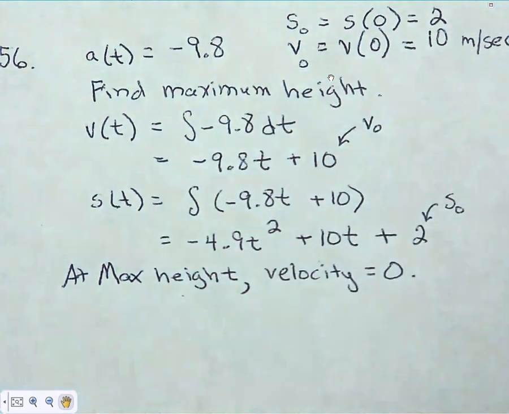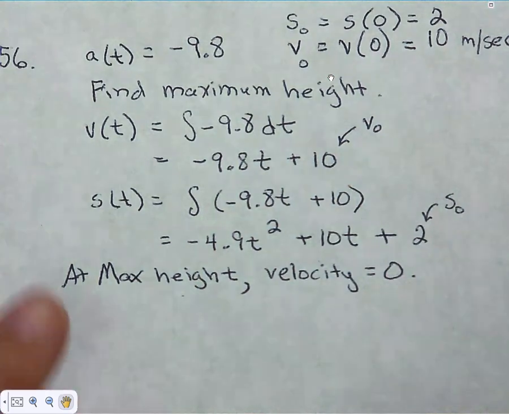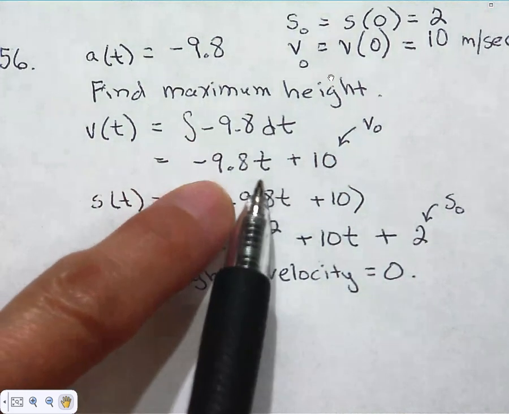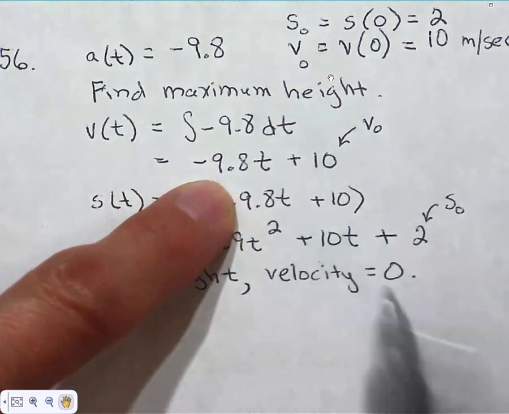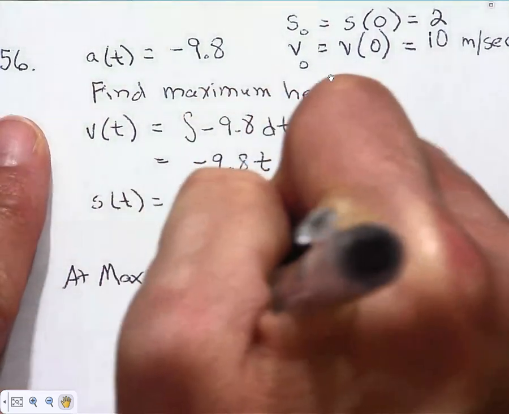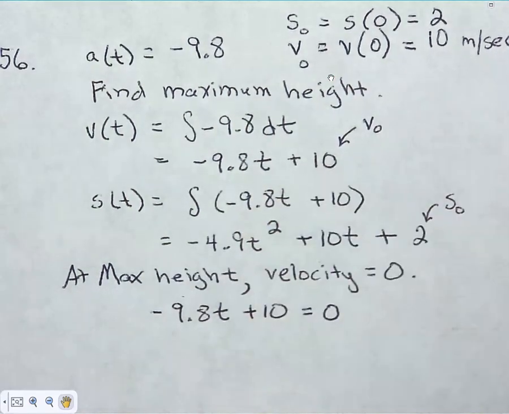So that's what I'm thinking. But it would be equivalent to what Major thought, because Major said find the critical point of the first derivative. That's the same thing as find what makes the velocity equal 0. So negative 9.8 t plus 10 equals 0.